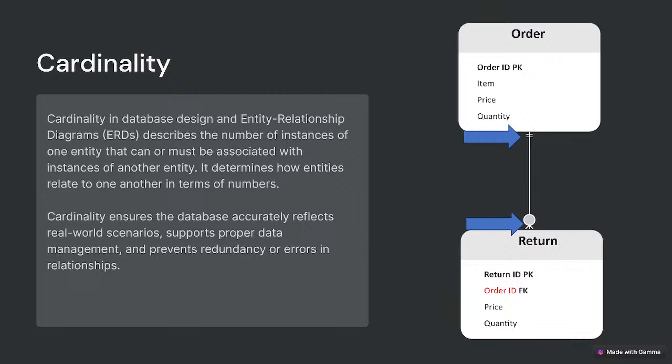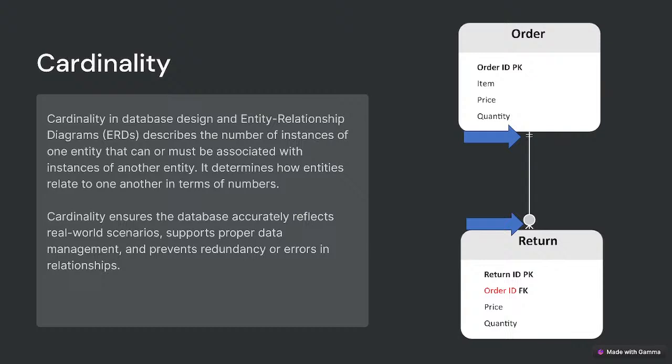So the cardinality shows how this, let's say this is our origin entity, this is our target entity. When you are connecting these two tables together, if this is your origin, this is where you are starting from, and this is your target.